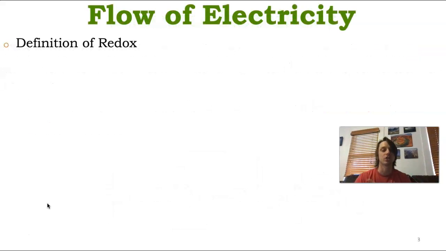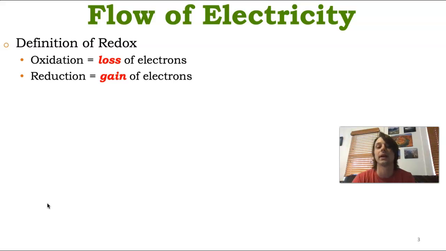Just a refresher course on what a redox reaction is. Remember redox, I had you remember OIL RIG. You have oxidation and reduction. Oxidation is the losing of electrons. Reduction is the gaining of electrons. Now, this happens together.